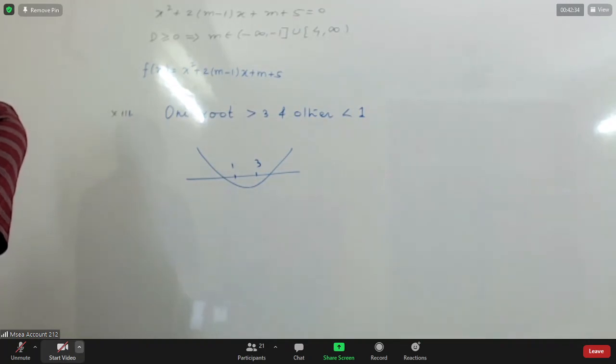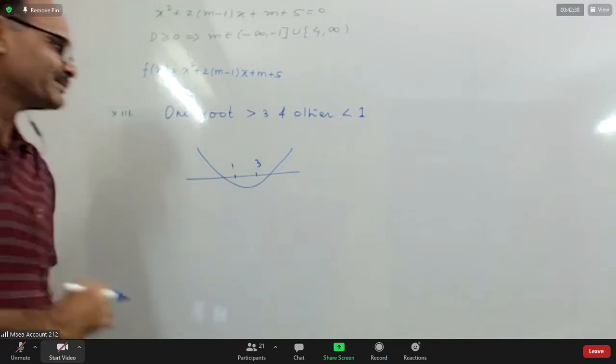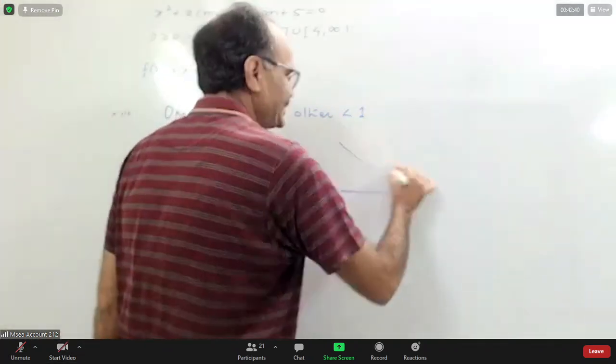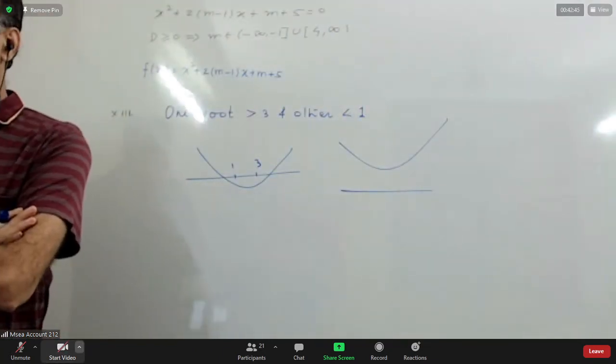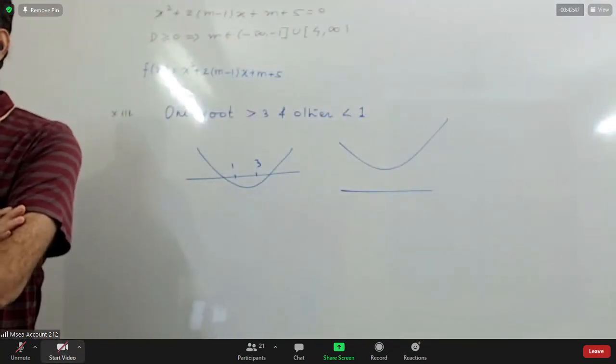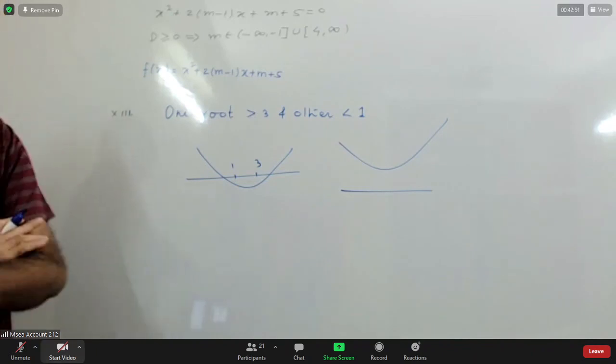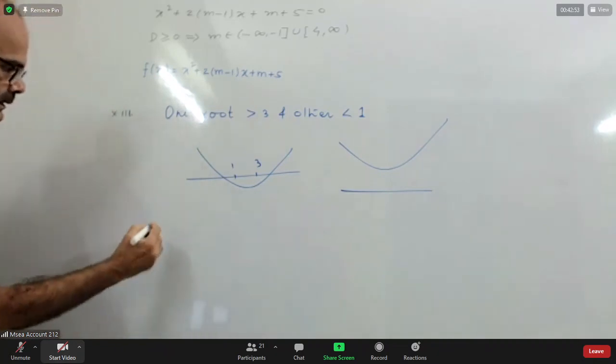F of 1 into f of 3 is greater than 0. So here this type of graph also it will give. Okay, let's do what you are saying.